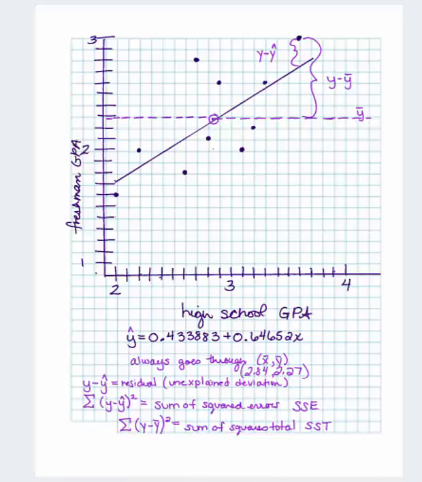And we are going to calculate r squared in a different little way. R squared equals 1 minus SSE over SST. Basically, my unexplained errors over the sum of the squares total.